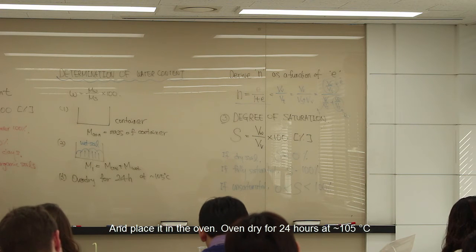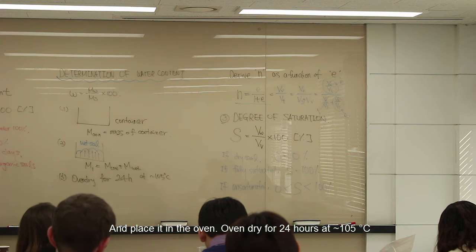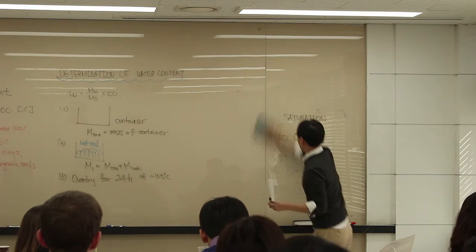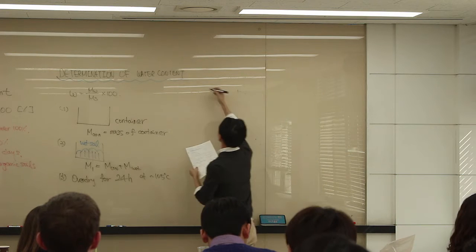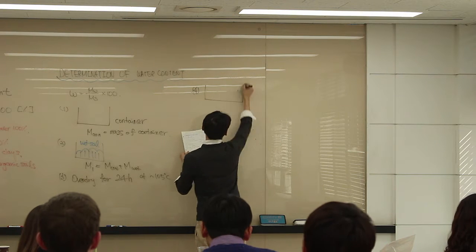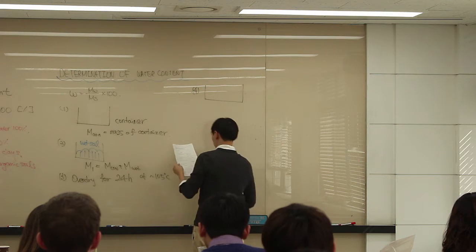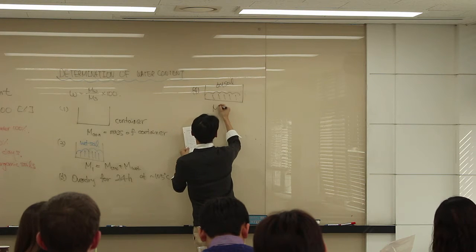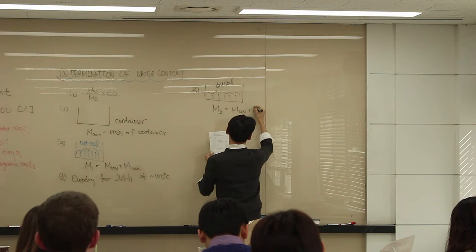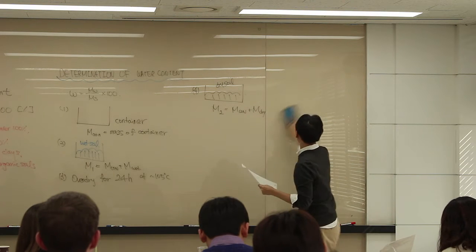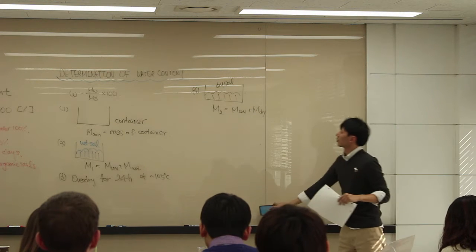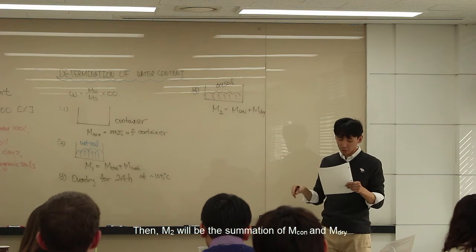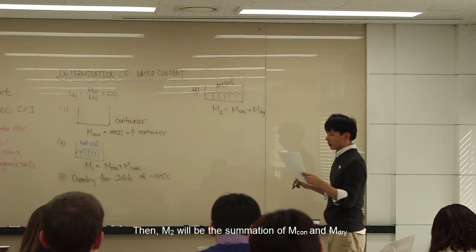at 105 degrees C. And then M2 will be the summation of the container mass plus the dry soil mass.